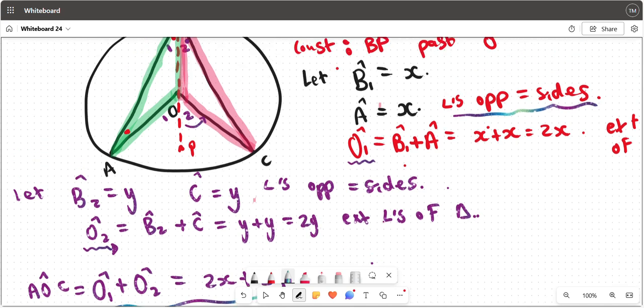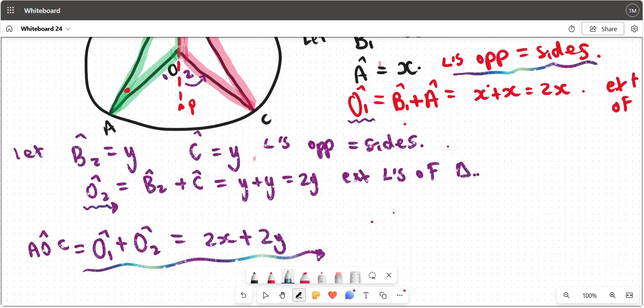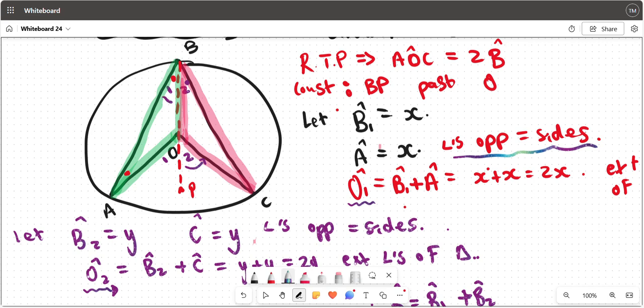And what is the angle at the top there? The total angle of B is equal to B1 plus B2. The total angle around that guy will just be this B1 and B2.